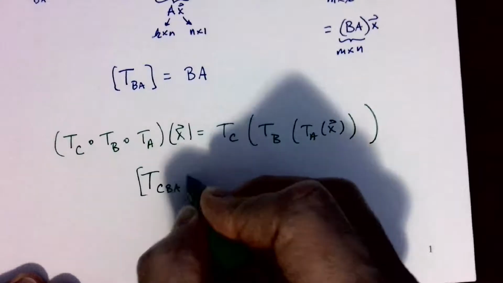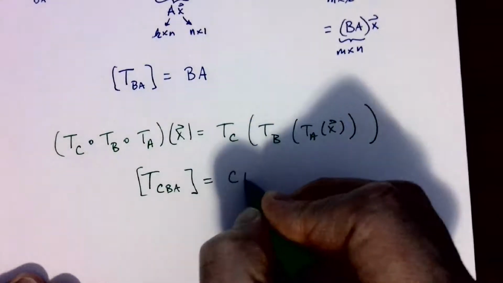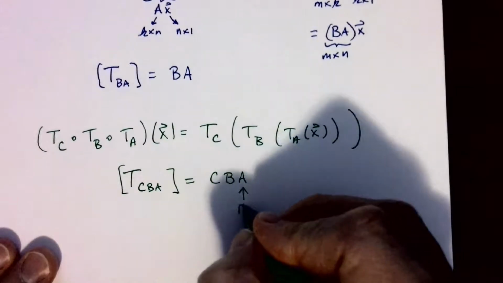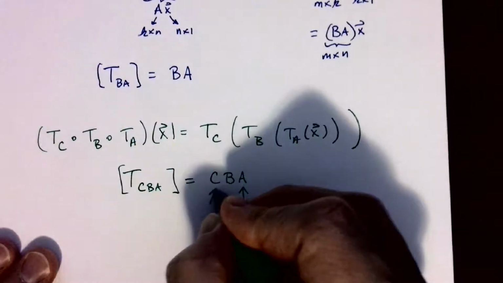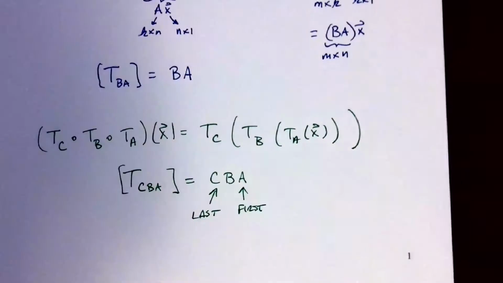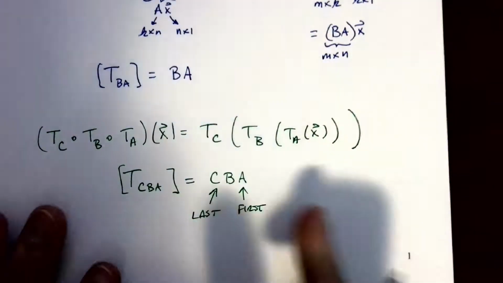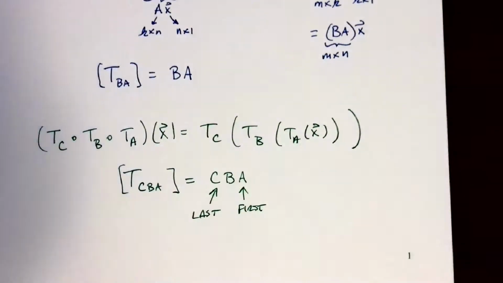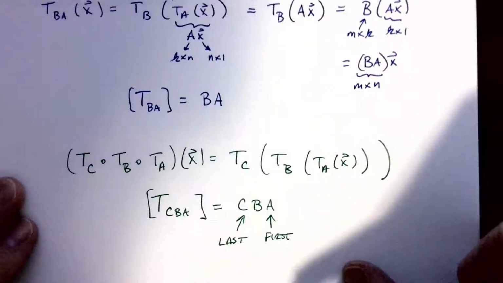What's its standard matrix? Just CBA. In that order. Notice again, this is what we do first, and this is what we do last. And it is important that you get that order right. That's a common mistake. If you multiply in the reverse order, that can be incorrect, because again, matrix multiplication is not necessarily commutative.